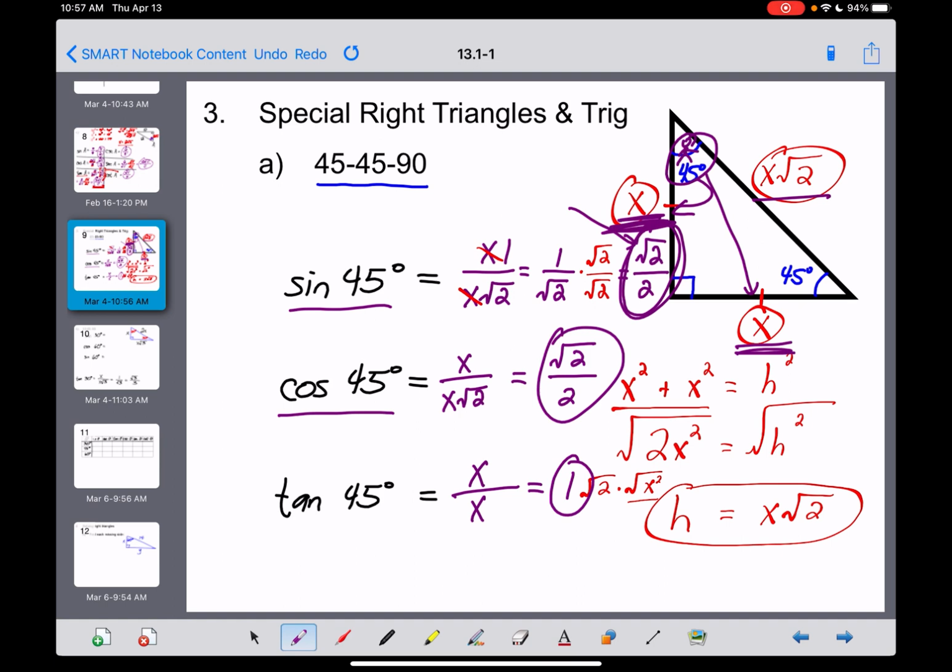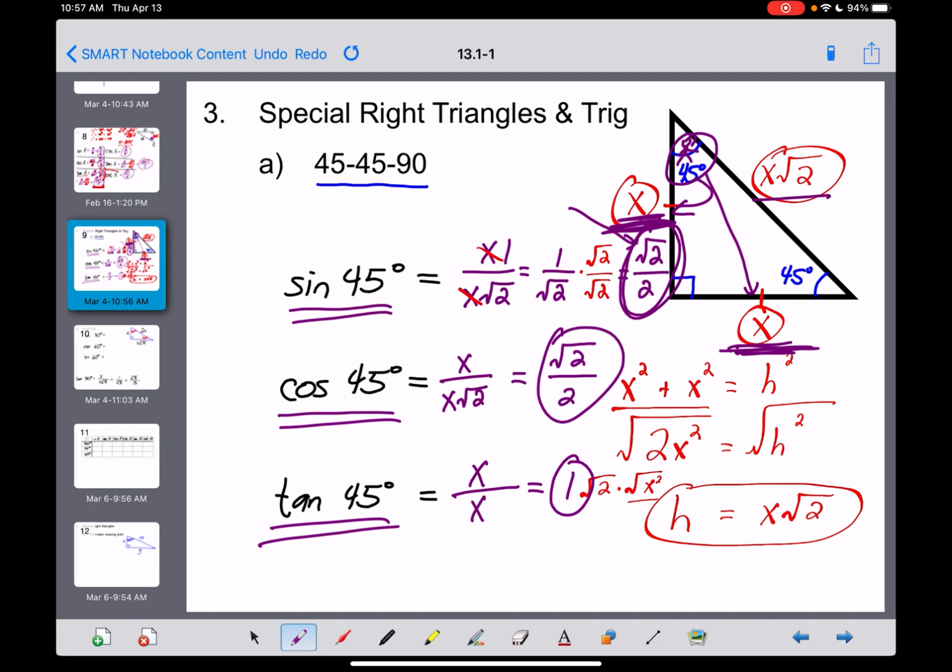The cosine of 45 is also root 2 over 2. And the tangent of 45 degrees is just plain 1. And what I want you guys to notice here, though, is in all three of those answers that we just came up with, there's no x, meaning that the value of x has no bearing at all on what you're going to get for the sine or cosine or tangent of a 45-degree angle.